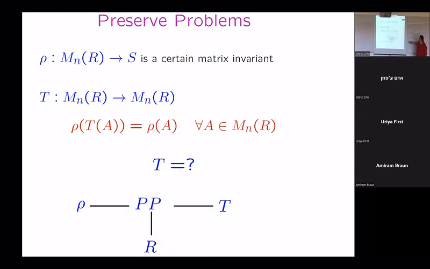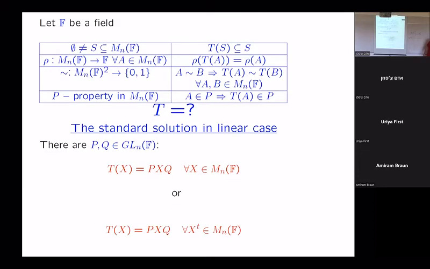So in general, there are many problems of that type, and everything, of course, depends on the coefficient ring, on the map, on the assumptions, on the invariant itself, and you could ask the same questions for relations between elements, for subsets, or for invariants. And sometimes the answer is standard, and sometimes it is far from being standard.